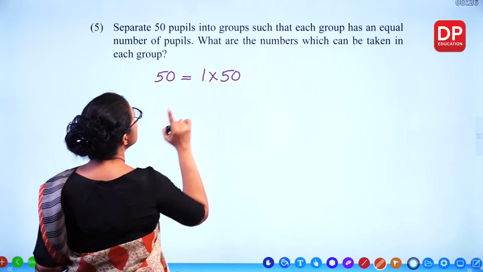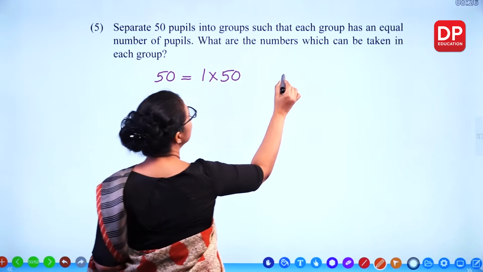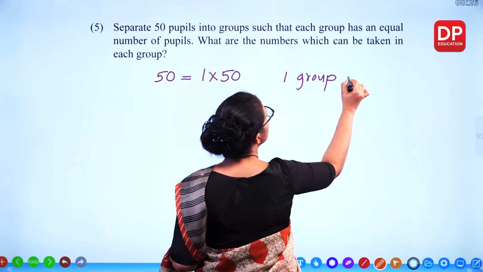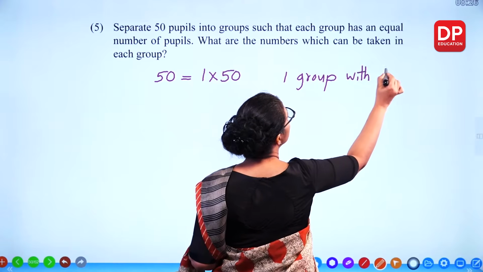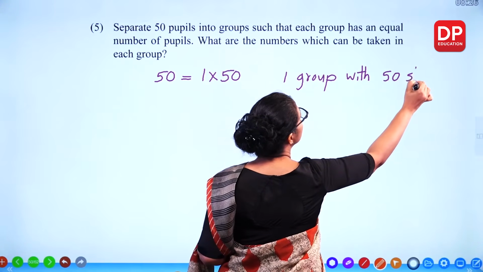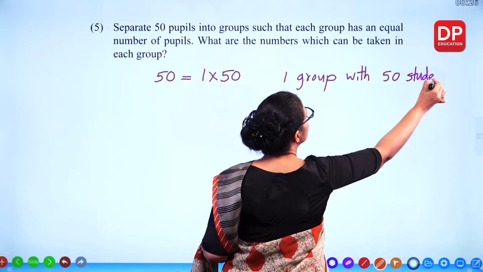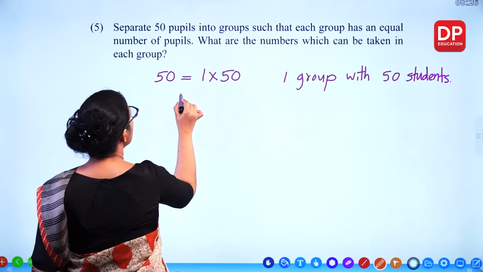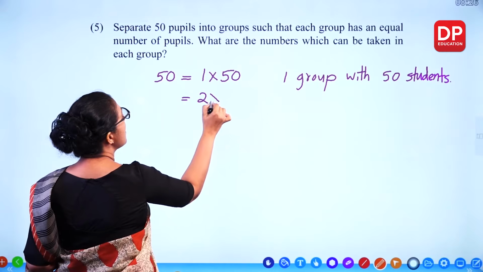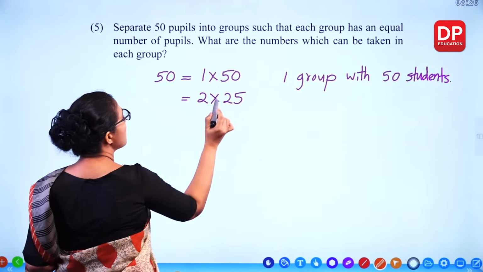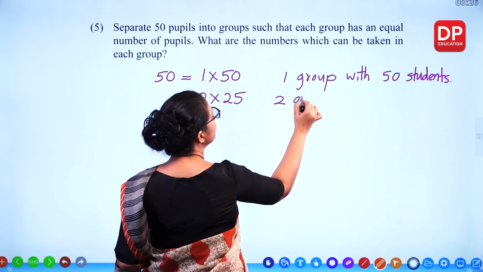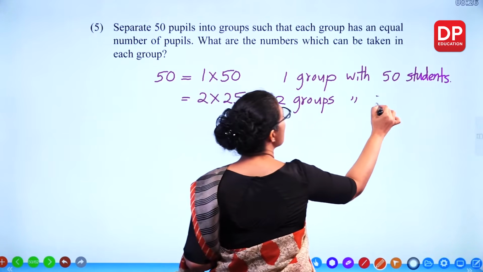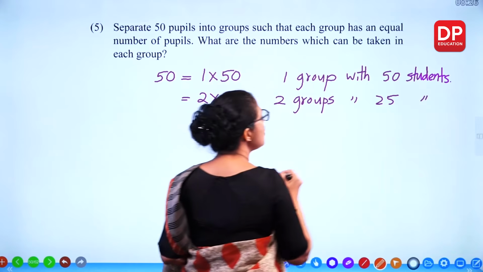So that means one group you can make with 50 students. Then it's divisible by 2. 2 times 25. 2 groups with 25 students in each group.